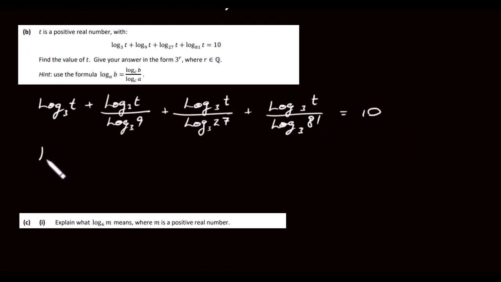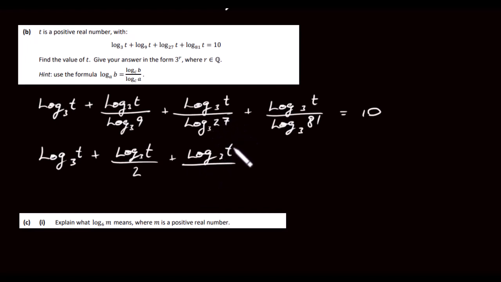So if I write that out again, I get log t to the base 3 plus log t to the base 3 over log 9 to the base 3, which is just 2, since 3 to the power of 2 gives me 9. Here we have log t to the base 3 over log 27 to the base 3.